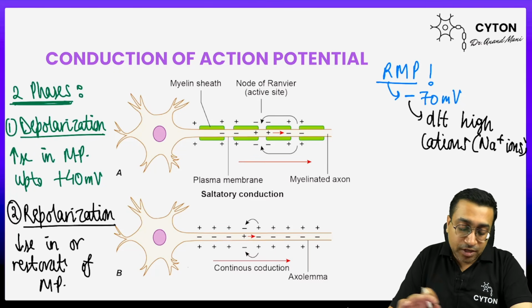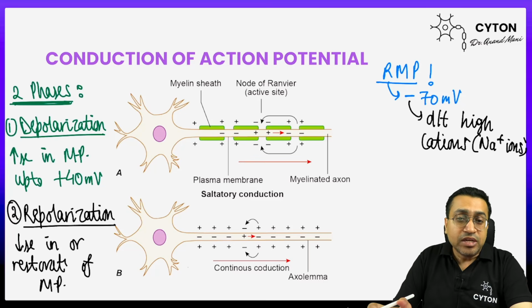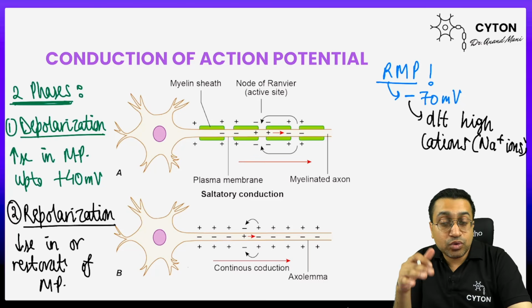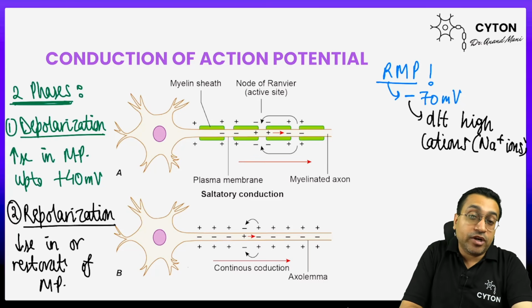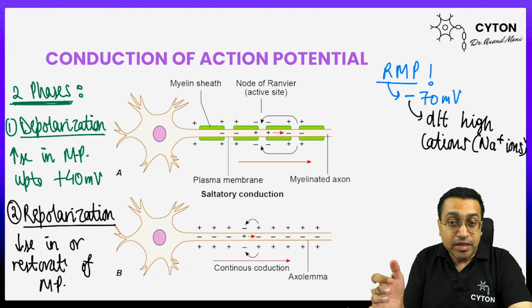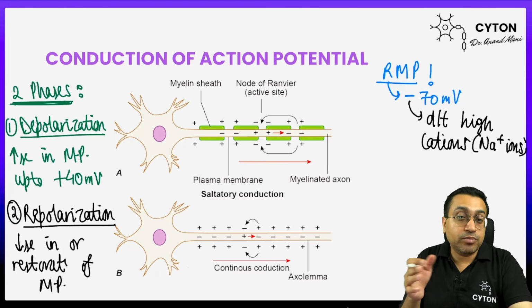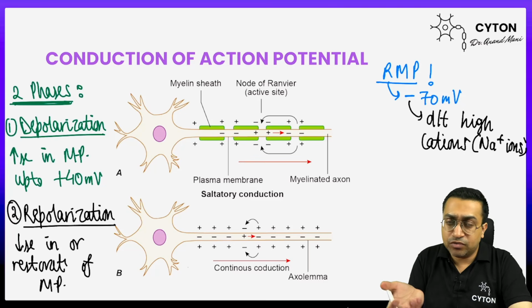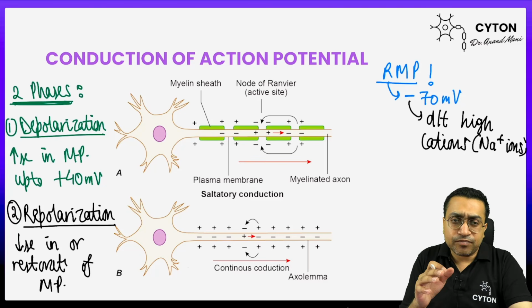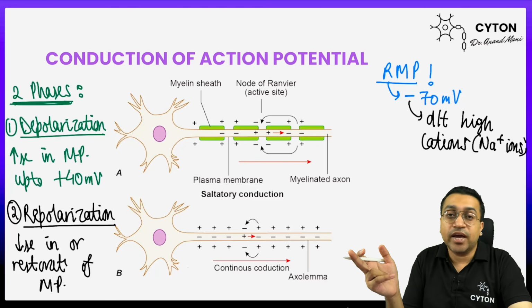So there is depolarization and repolarization. The action potential is generated at one point of the neuronal plasma membrane and propagates across this membrane. The speed of conduction depends upon the myelination of the nerve fibers. The thickness of the myelin is directly proportional to the conduction of the action potential.